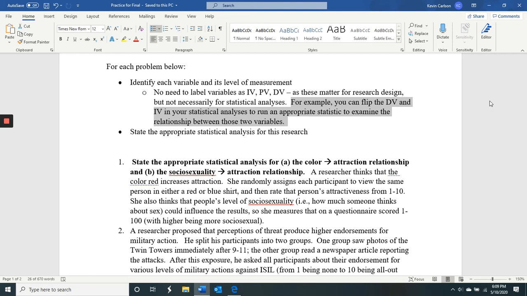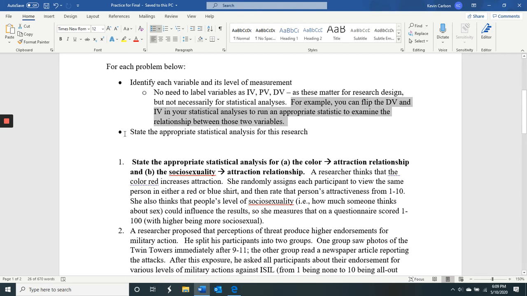It doesn't matter, actually. So you could actually put what is your IV or PV in the thing that says dependent variable in the SPSS. That's okay, as long as you're doing the appropriate statistic for levels of measurements of your variables. It's just testing the relationship. The relationship is the important thing, not whether your labels are right in terms of the stats.